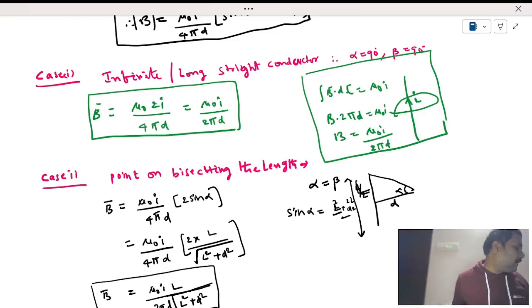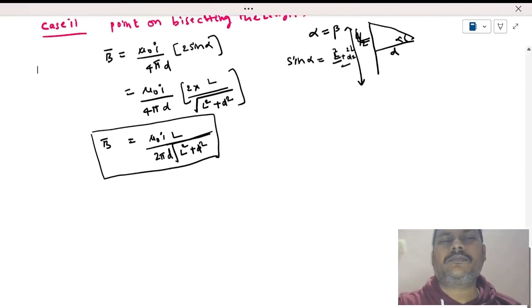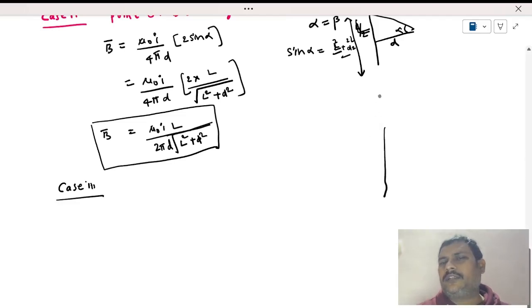Next, the magnetic field at one end of the straight conductor, so at any one end. This is case 4. So the field due to an infinite length wire at one end, due to this element.